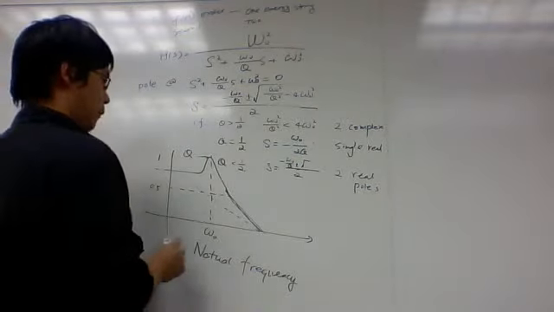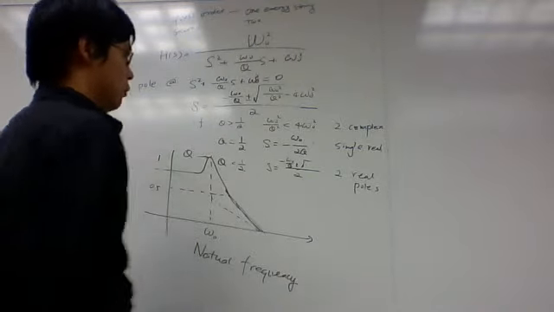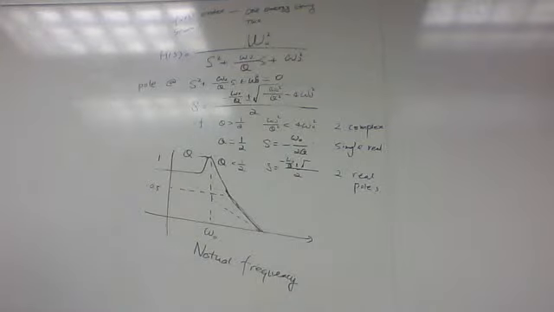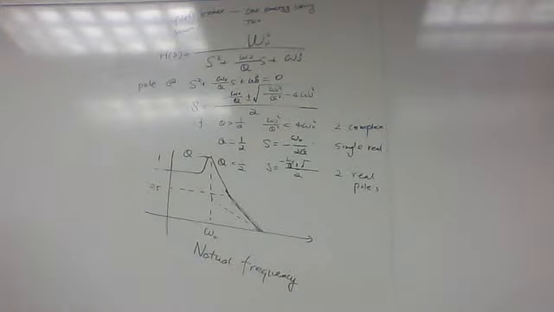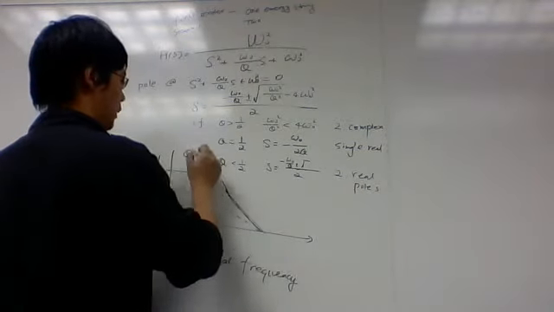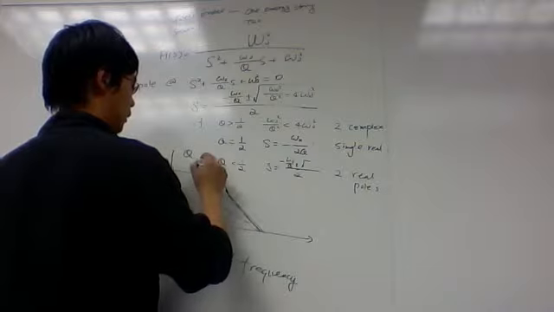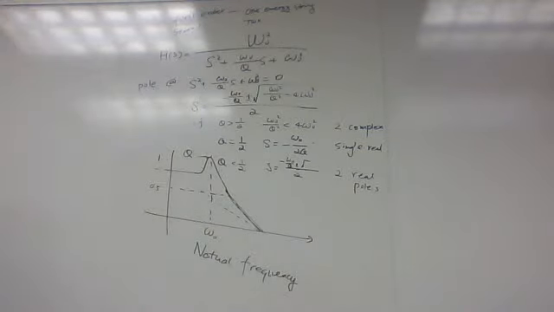Then if you have reached half, it's again a single real pole, right? It's like your RC, just like what you had before in the first order, right? And if it's bigger than half, then it could be something like 10 or 20, etc., depending on the Q.